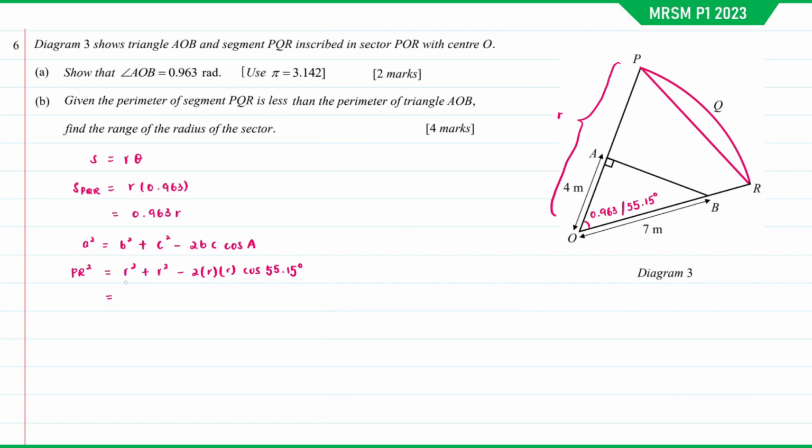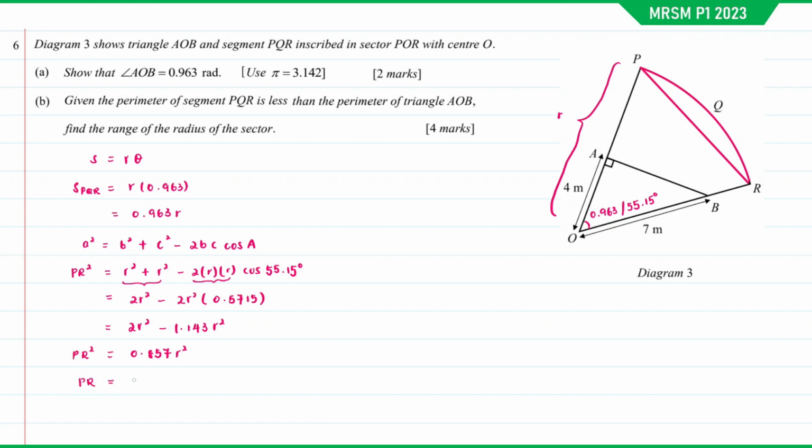So R squared plus R squared, we're going to get 2R squared minus 2R squared times cos 55.15, which is equal to 0.5715. And when we multiply 2 with 0.5715, this is equal to 1.143 R squared. The answer of this is 0.857 R squared.